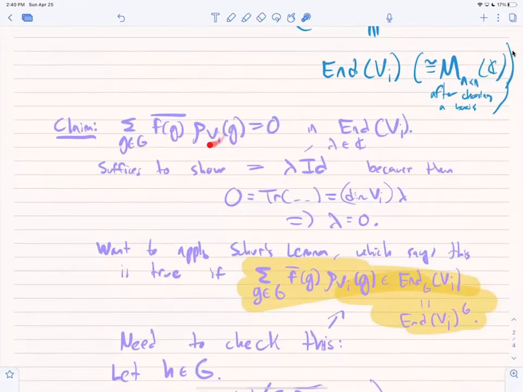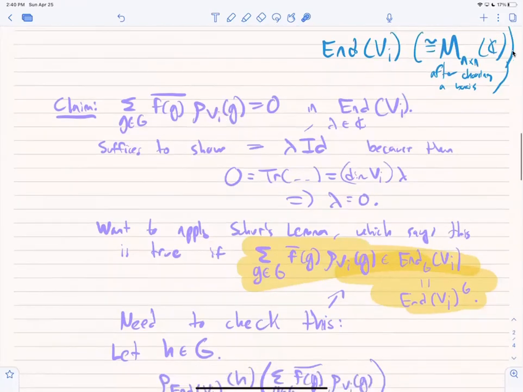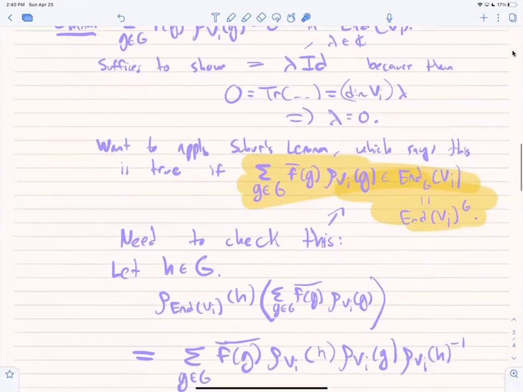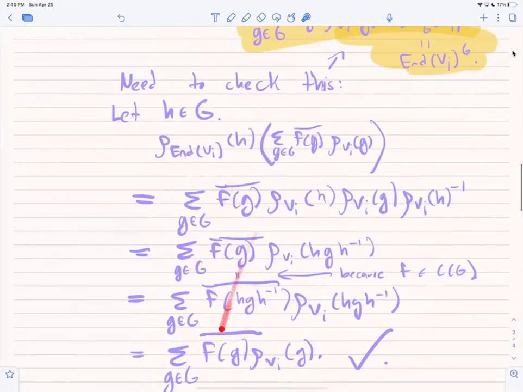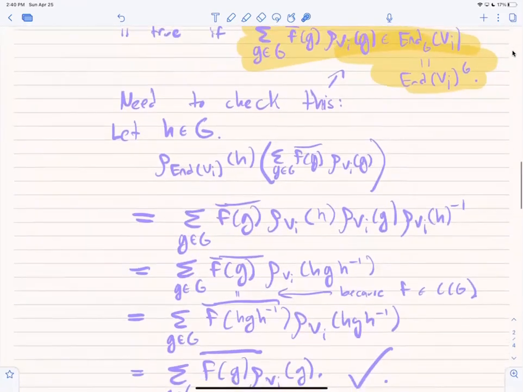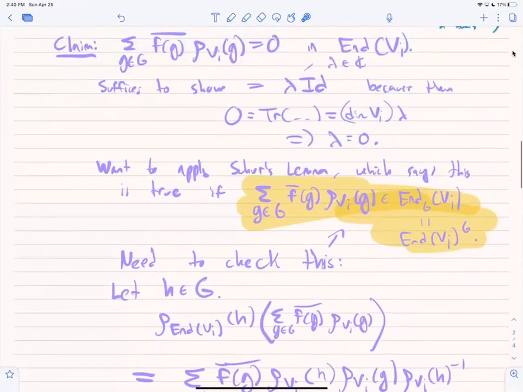This is for each V_i, because this endomorphism isn't just any endomorphism; it's a G-invariant endomorphism. So here was the calculation that it was G-invariant. It used the fact that f was a class function. But then Schur's lemma tells you that this thing is just a scalar multiple of the identity. And so if its trace is 0, then the whole thing is 0.